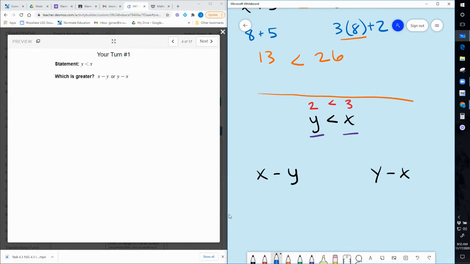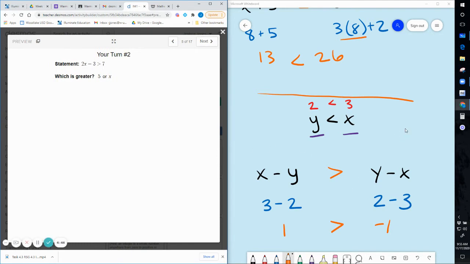If y is 2 and x is 3, this gives you a 1, this gives you a negative 1, and so obviously this side is bigger. That's going to be the answer, but I want you to show me with a different number besides the ones that I chose.